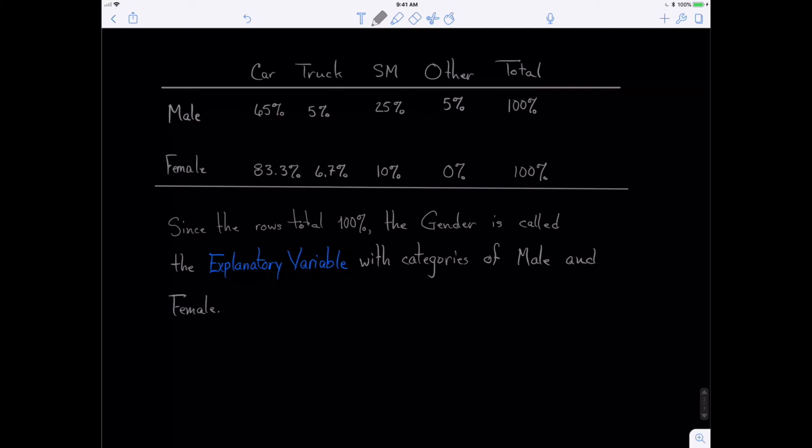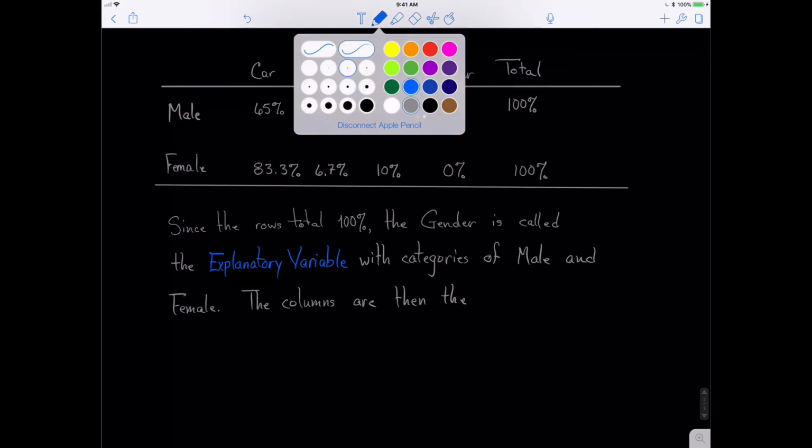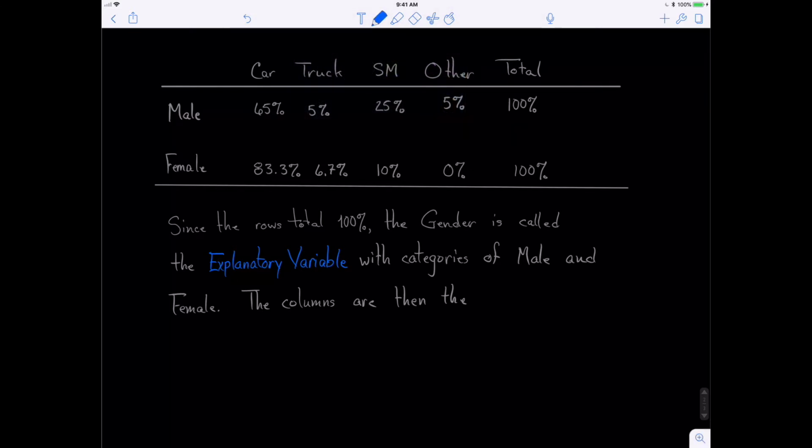Now, the next part is that the columns are then the response variable, and that one we'll also do in bright blue.